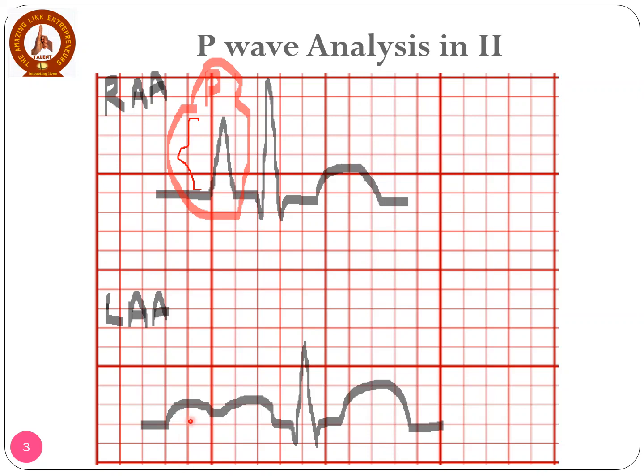Looking at this picture, the first deflection, that is the M pattern, the bifid shape, is the P wave. This is the QRS complex. We have Q, R, S, T.